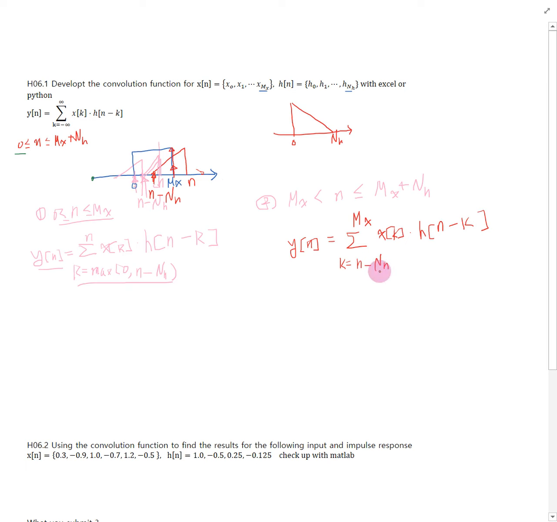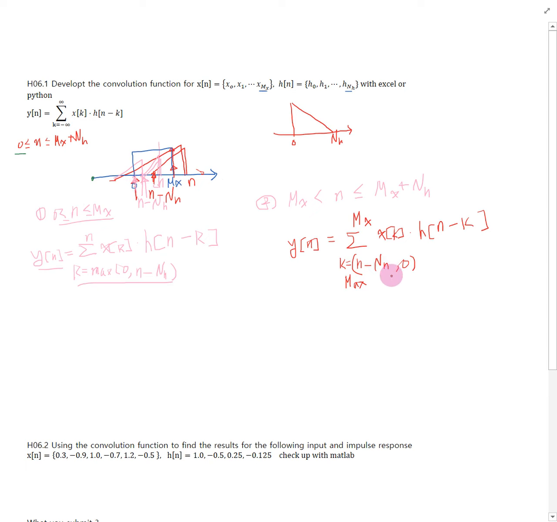Okay, it seems to work, but somehow this nh may be very long. It means if the impulse response is very long, then the summation will look like this. In this case, the summation will start from 0. So sometimes it starts from 0, so we need to take the maximum of this. So the max of n minus nh or 0 gives the starting index.